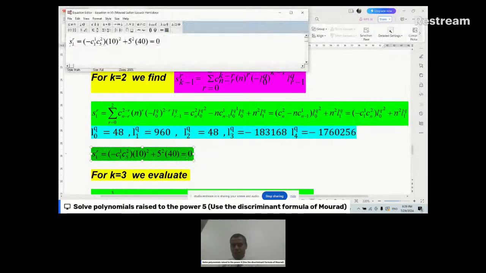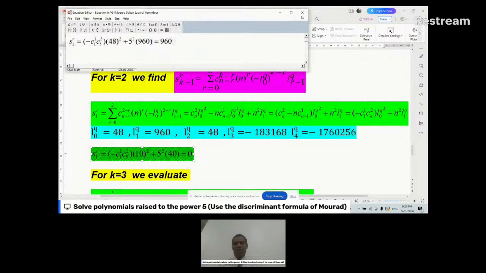I'll just replace this 10 by 48, and this by 960, and with all that it is equal to 960. So the value of S1 of order r is equal to 960.